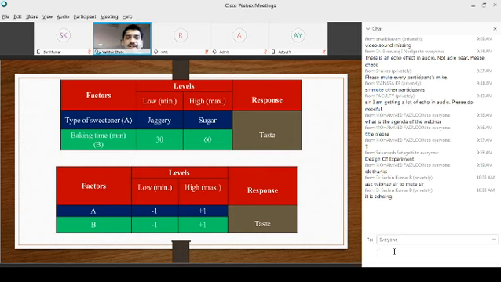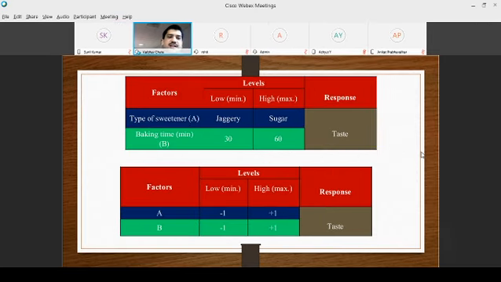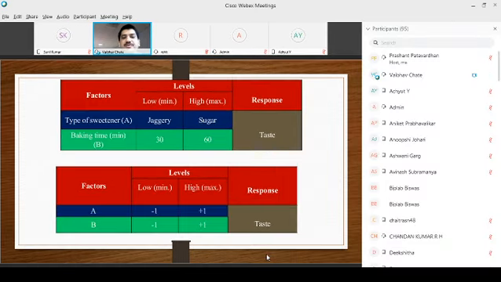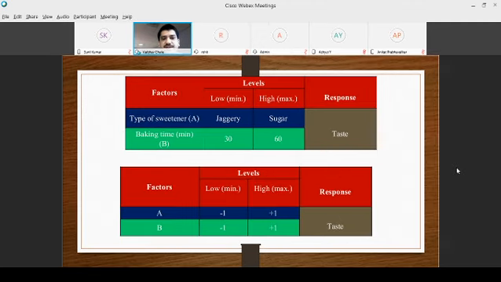So Katrina started with the preparation of the cake by selecting 2 types of sweeteners and 2 baking times. That means there are 2 factors: one is the type of sweetener, the second is baking time. She has selected the minimum level for the sweetener as jaggery and the maximum level as sugar.